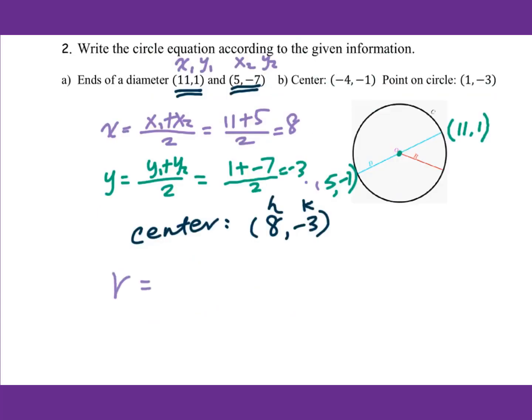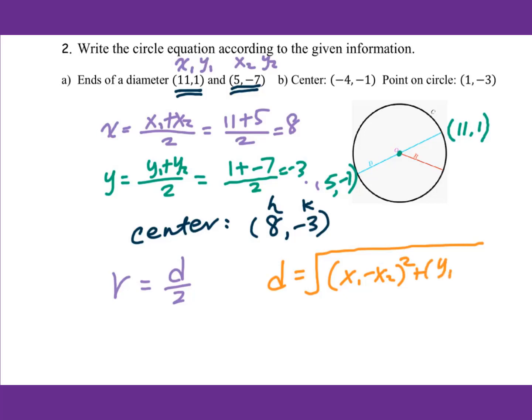The radius will be 1/2 of the diameter. The diameter equals the square root of (x1 minus x2) squared plus (y1 minus y2) squared. Then we plug in.